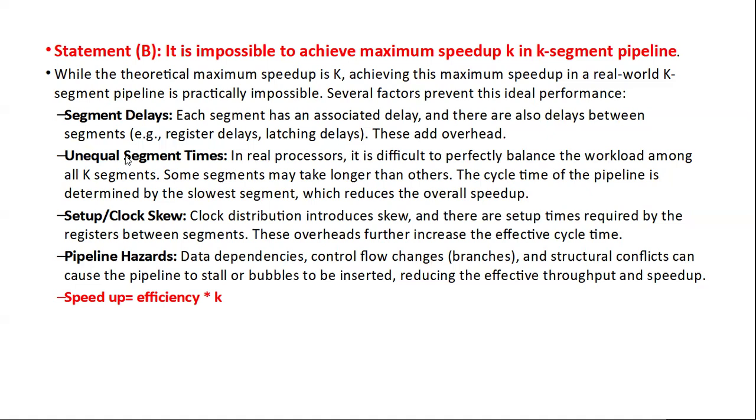The factors affecting the performance are segment delay, unequal segment times, setup clock or skew, and pipeline hazards. These factors affect the speed of the processor, so we can't achieve the maximum speedup of K in a K-segment pipeline. So this statement is also true.